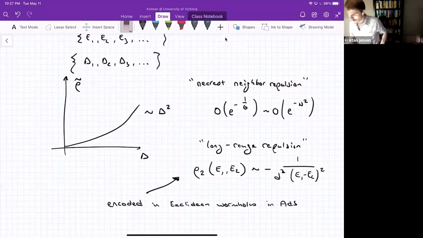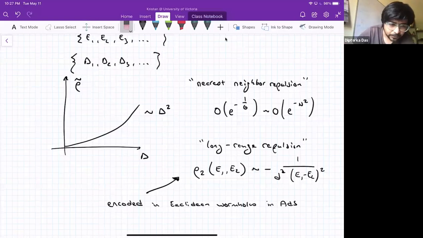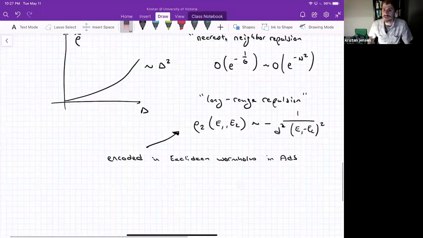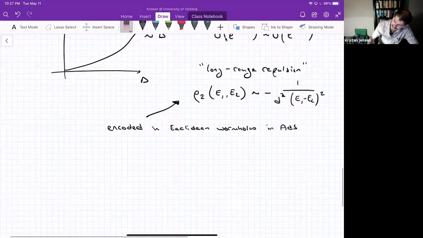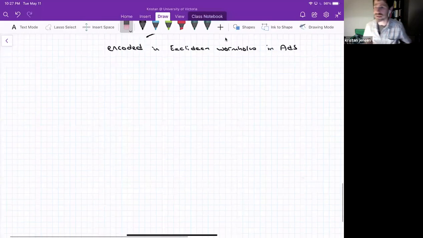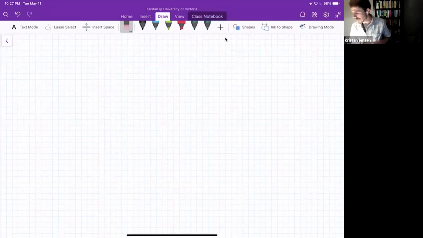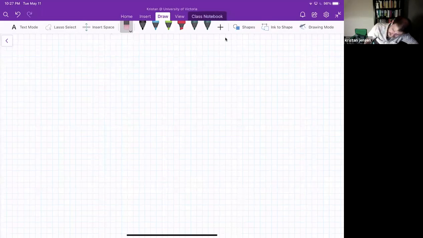Okay. So a comment that I want to make too: this long range repulsion and the short range repulsion can be accessed another way, rather than looking at 2-point functions of the density of states. There's another way to see them, in terms of the so-called spectral form factor.